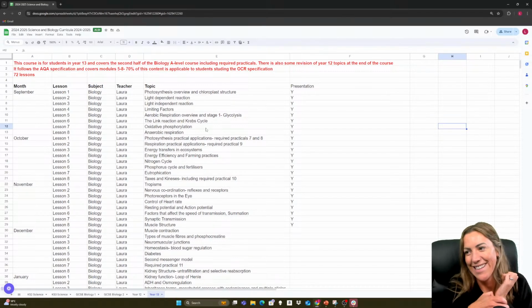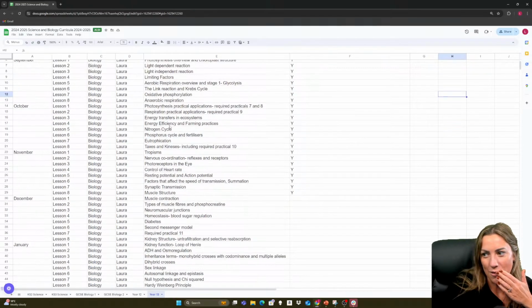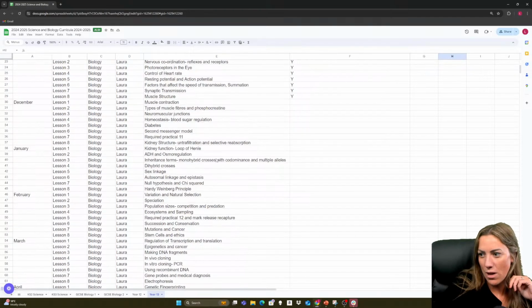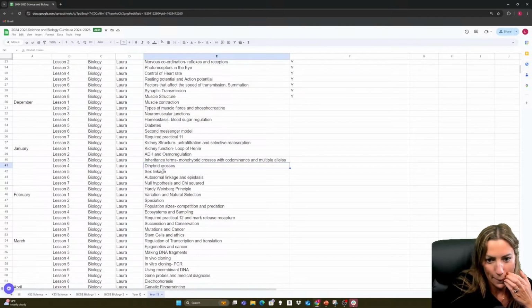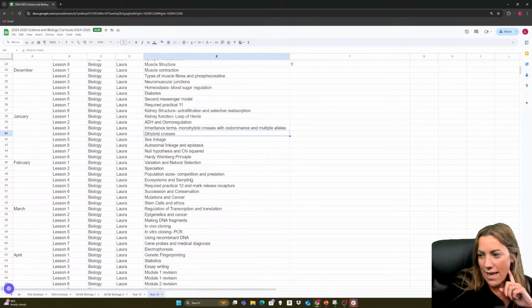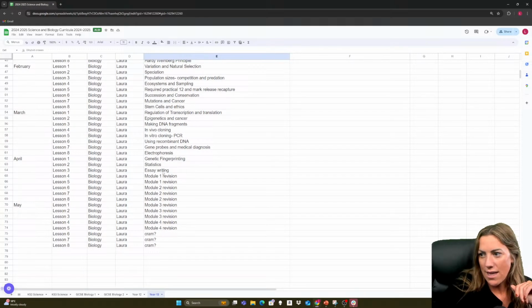Okay. So you can see I've broken it down. Each lesson. Where's what we've done today? Dihybrid crosses. There you go. In January. Yeah, the whole of year 13. We even go through required practicals, practical questions, maths questions. And then you can see I'm going to do a lesson purely on statistics.